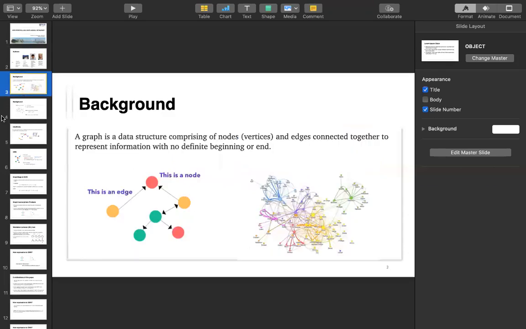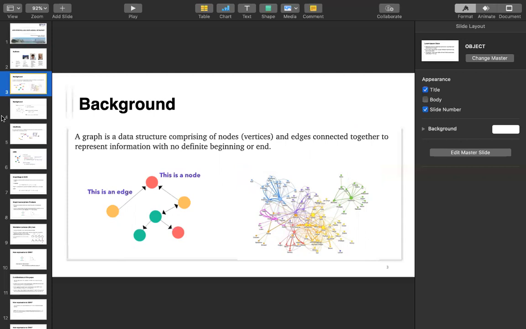So before we go into the paper directly, let me introduce some background knowledge about the graph and graph neural networks. A graph is a data structure comprising nodes and edges connected together to represent information with no definite beginning or end.